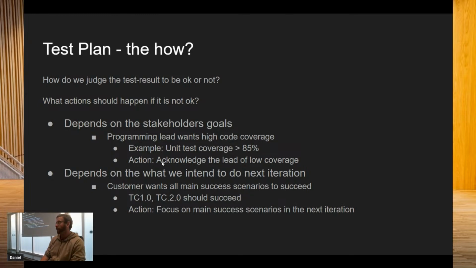So the action, if we don't have that, is that we're going to talk to the lead about that. We did see in a previous lecture where I looked at Yoda time that when you are submitting your code, you also need to submit the coverage. So we could have an action that says that we're not going to merge your code because it doesn't fulfill our coverage requirement. Make sense?